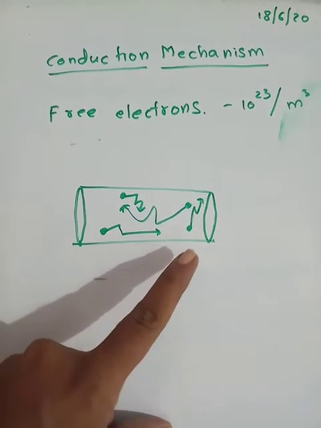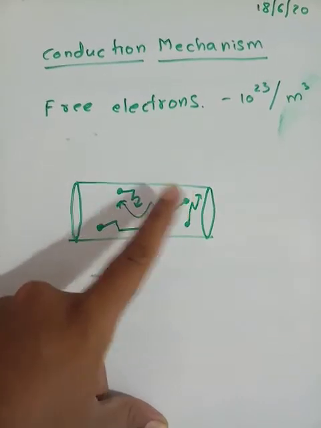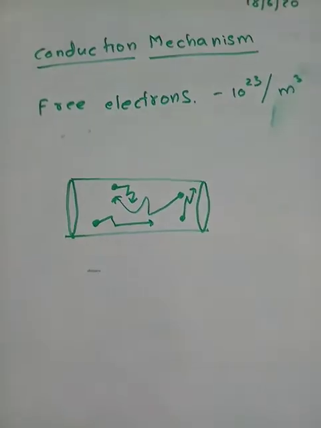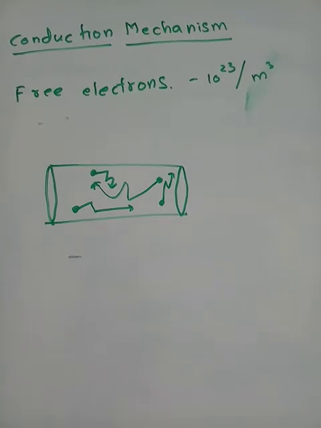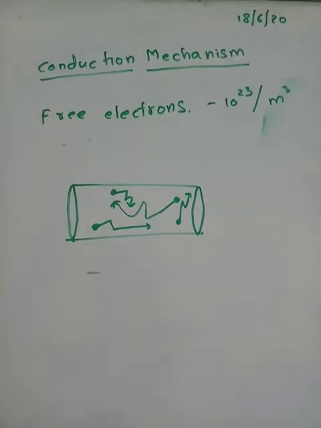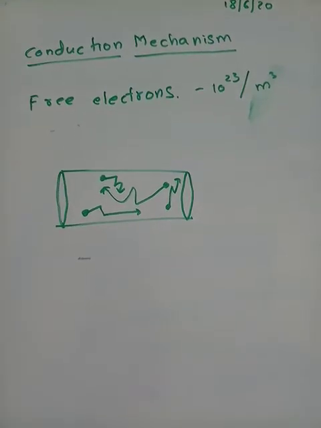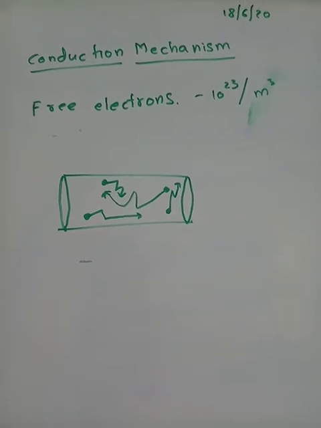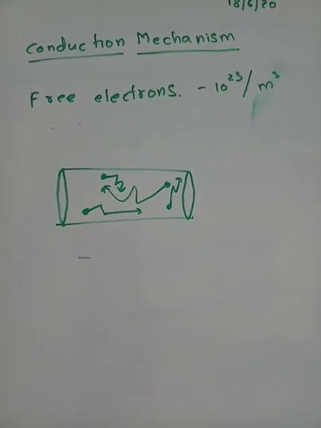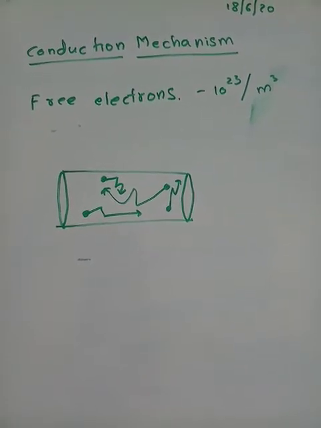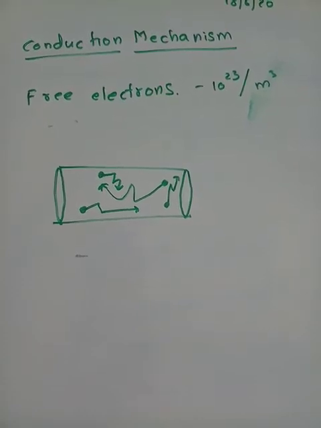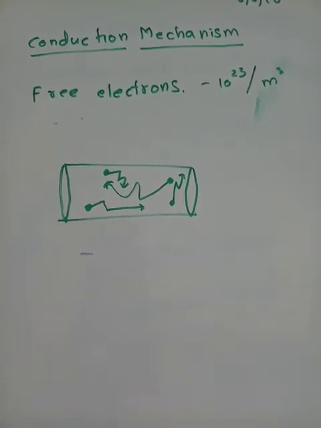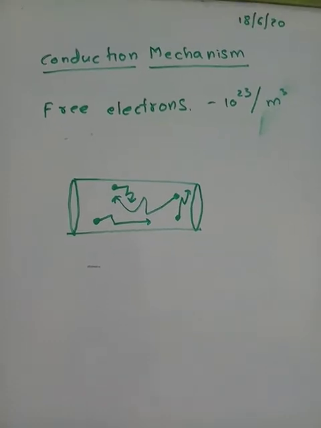As many go from bottom to top, so many go from top to bottom. So the number of electrons going one way is the same as the number going the opposite way. So the net charge flowing through any cross-sectional area becomes zero, and hence the current becomes zero.